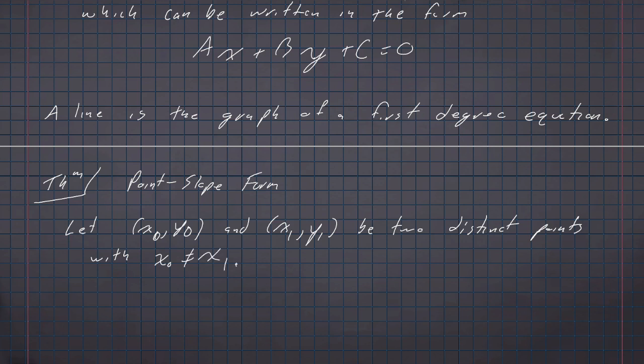Let (x0, y0) and (x1, y1) be two distinct points. And to drive home that they are distinct points, I'm going to further insist that x0 and x1 are not the same.